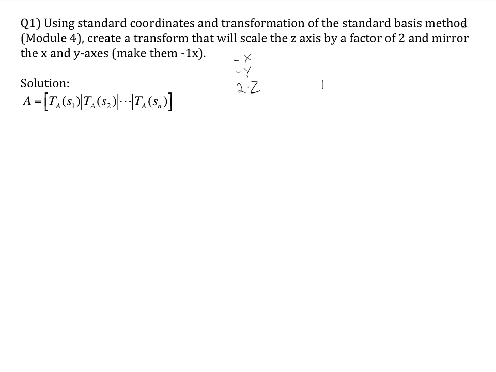Okay, so we do the transformation on S1, and S1 is what? It is the x-axis. Okay, so it's the first column of an identity matrix.